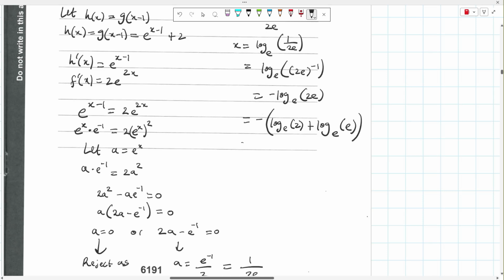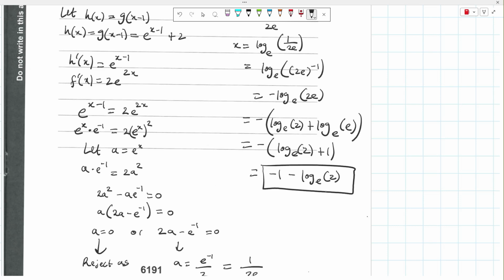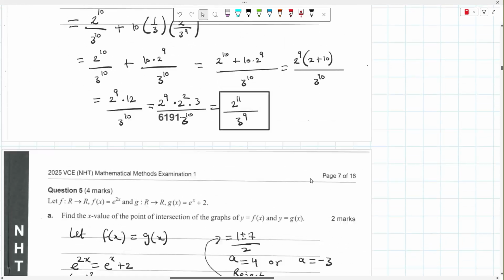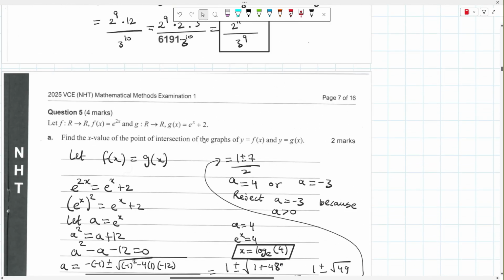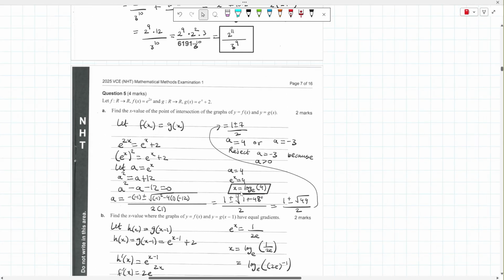Right, so log base e of e is just 1. So we get negative 1 minus log base e of 2. And that's going to be our answer for this one, right? So not too tricky, but not too easy either. Some of these were a little bit tricky, right? So that's the thing for these ones.